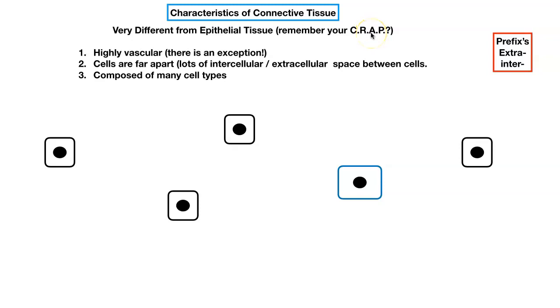A in CRAP means avascular. Here, connective tissue is very vascular. So there's going to be one exception we'll talk about today. And in connective tissue, we have several different types of cells that are found within our connective tissue.